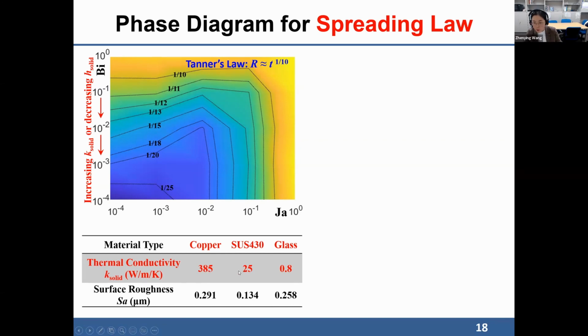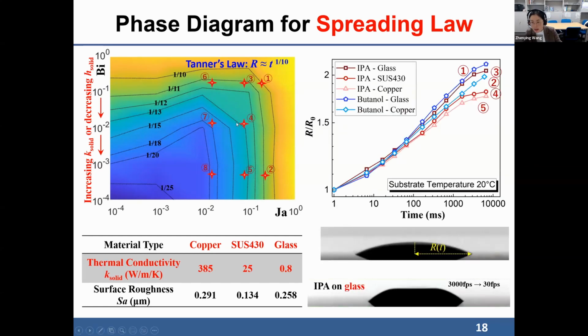Each has about one order of magnitude higher thermal conductivity than the last. Testing these substrates, for example from 3 to 4 to 5, which are glass, stainless steel, and copper, we can see a decrease in the spreading rate.